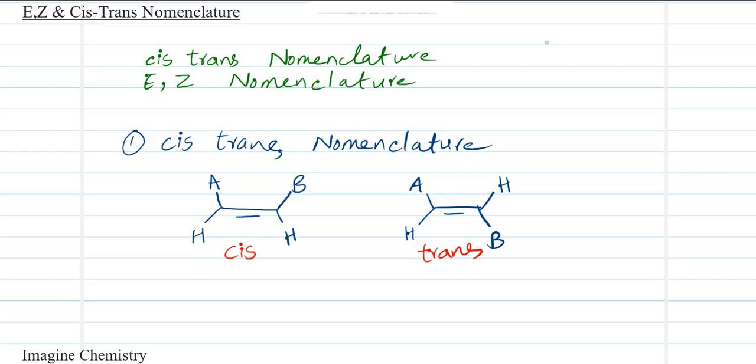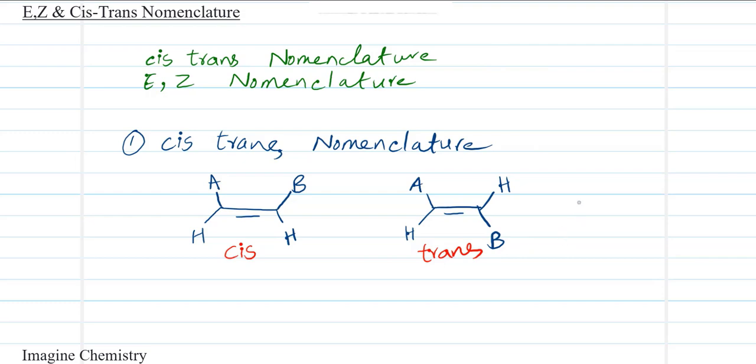For the double bonds where two substituents are hydrogen, the other two substituents can be on the same side or on different sides. The same side is the cis isomer, and different sides is the trans isomer. So let's see some examples.